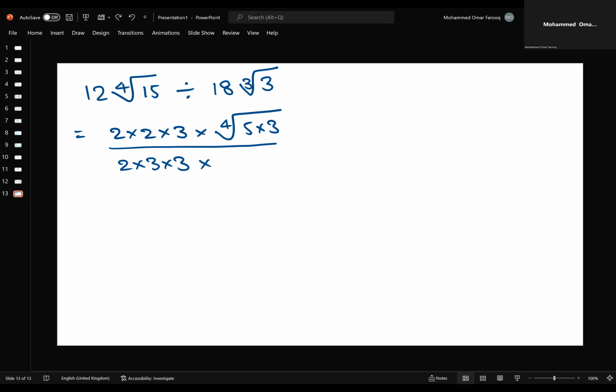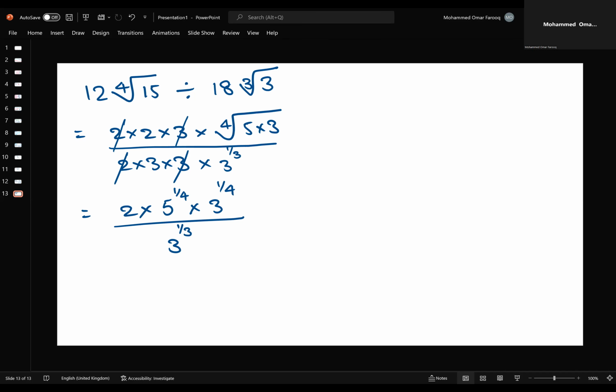My dear friends, the cube root of 3 can be written as 3 to the power of 1 by 3. Yes, sir. 2 and 2 get cancelled, 3 and 3 get cancelled. What is left out? 2 into 5 to the power of 1 by 4, into 3 to the power of 1 by 4, divided by 3 to the power of 1 by 3.